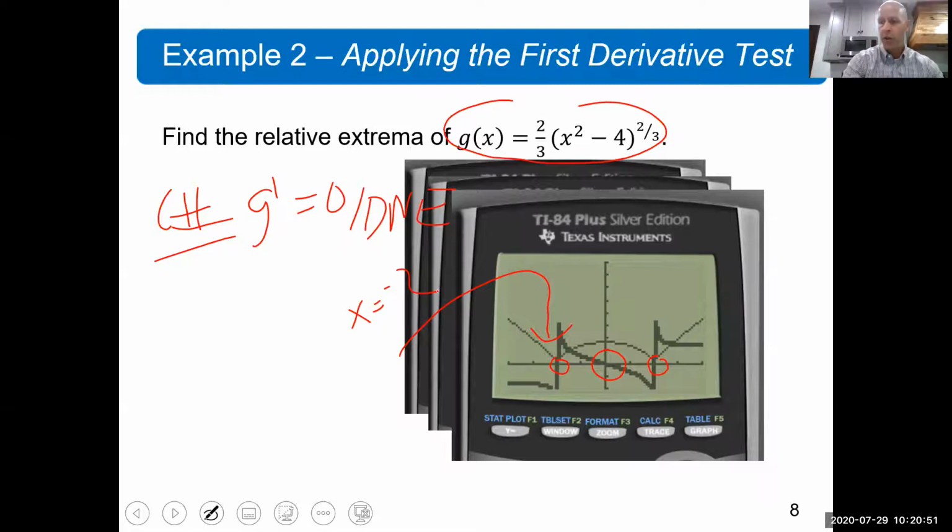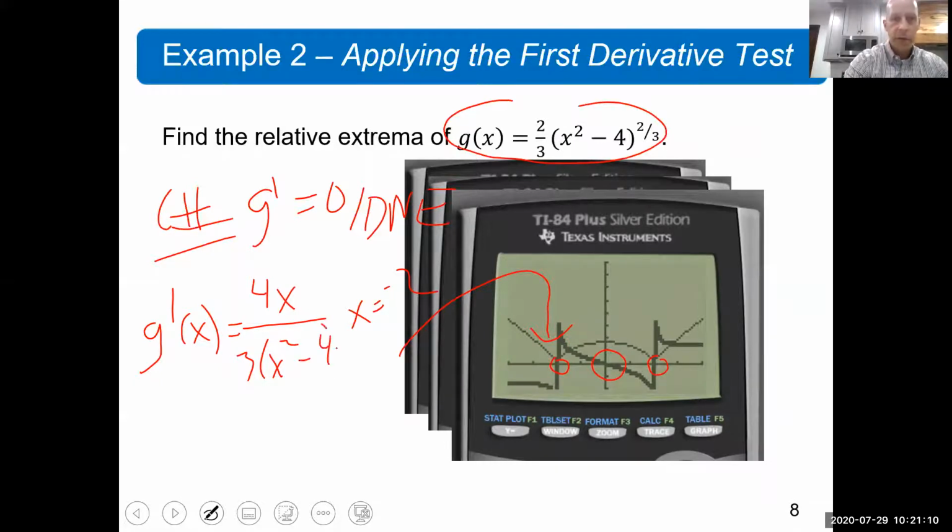And just to convince you of that, if you were to calculate the derivative of this function manually, which by the way, you would have to do the chain rule, you get the following. You get 4x over 3 times the quantity x squared minus 4 to the 1/3 power.